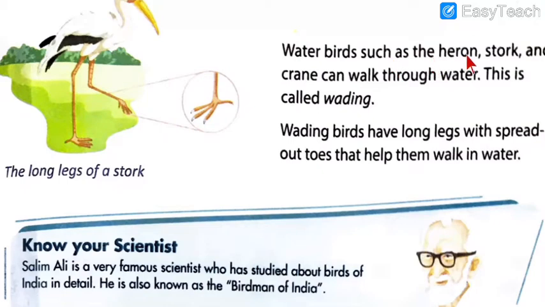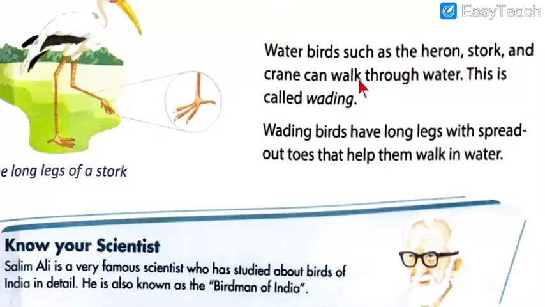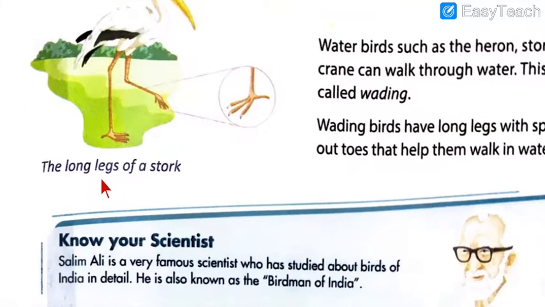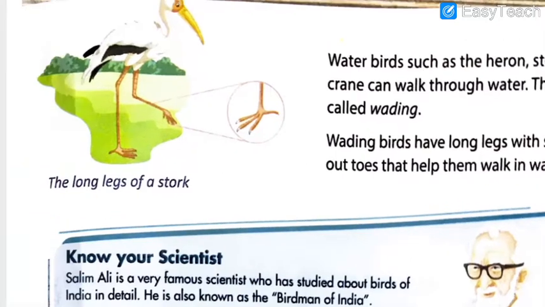Water birds such as the heron, stork and crane can walk through the water. This is called wading. If you can see the long leg of the stork, how long it is. They are easily able to walk in the water as well. Wading birds have long legs with spread out toes that help them walk in the water.